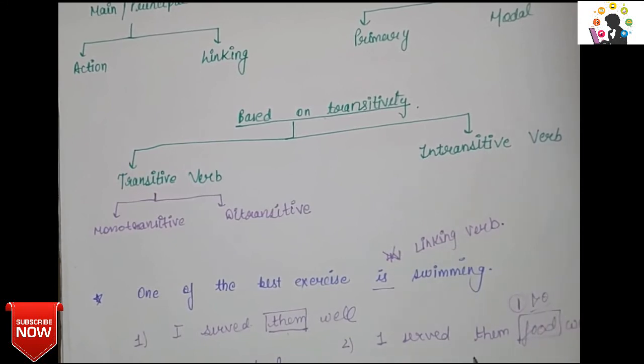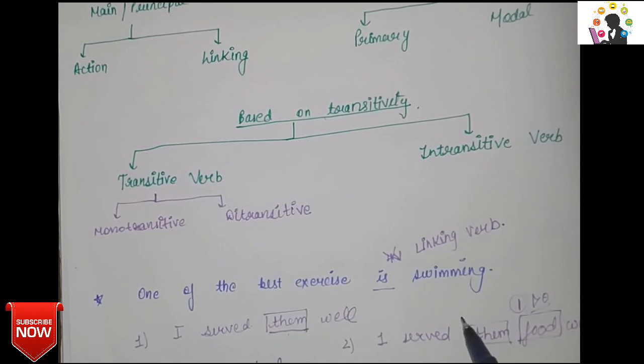If I ask, अगर मैं इससे पूछूँ whom, I served them food well, to whom, तो आंसर आ रहा है them. किसको दिया मैंने, उनको. तो second object which is indirect object. So we can see that इसमें sentence में दो object आ रहे हैं, so it is ditransitive.